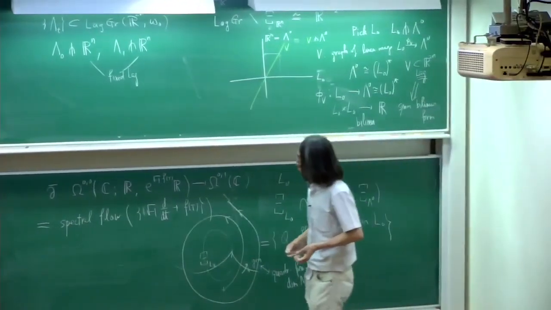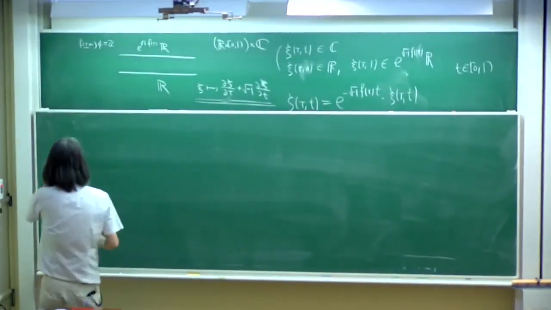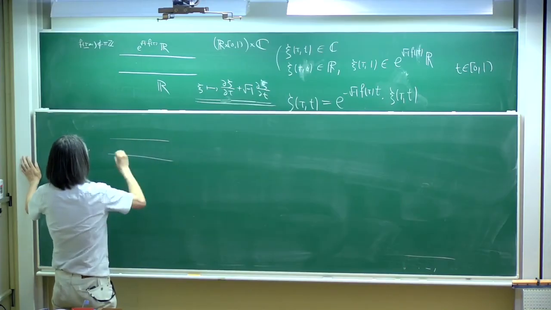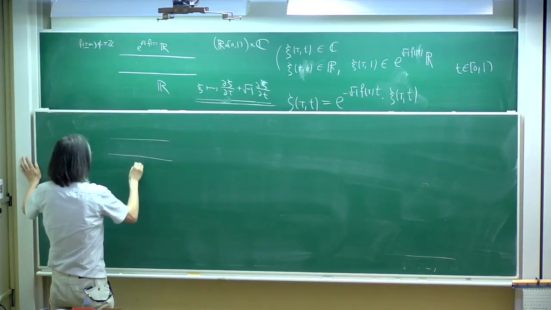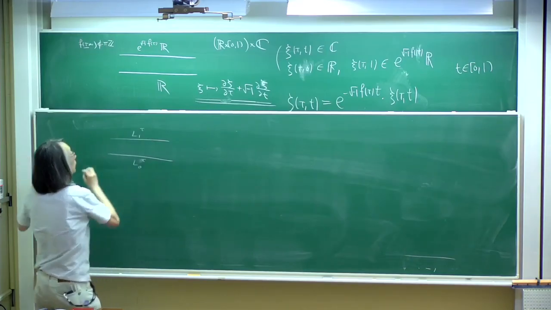So in the end, what we can show is the following. So I have here two Lagrangians. Maybe here I have L_0 of tau, and here I have L_1 of tau.